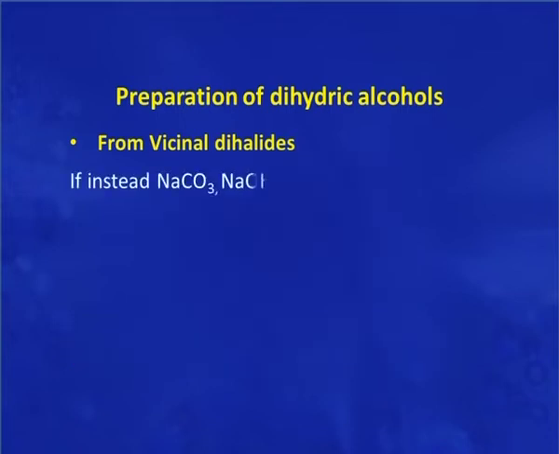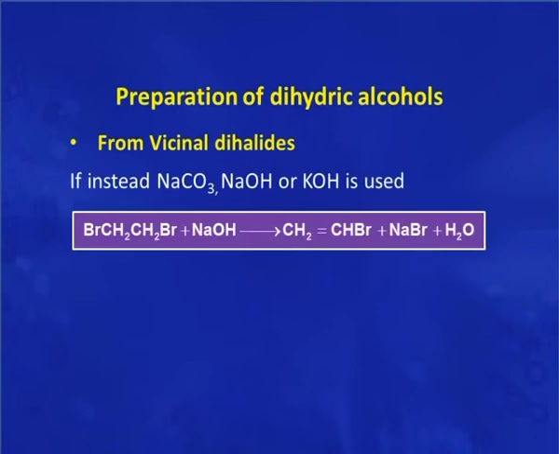If instead of aqueous sodium carbonate, sodium hydroxide or potassium hydroxide is used in the same reaction, then it has been seen that instead of formation of ethylene glycol, vinyl bromide is the major product. The reason is that sodium hydroxide and potassium hydroxide are quite strong bases as compared to sodium carbonate, and they undergo elimination rather than substitution.